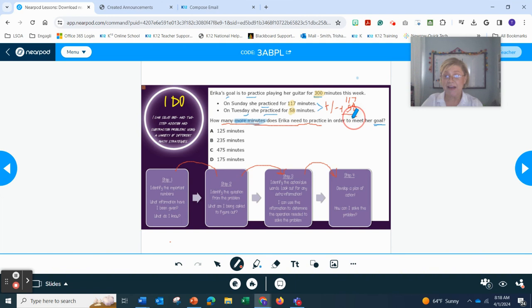So we're going to put the 5 in the ones column. Carry our 1 over to our tens column. 1 plus 1 equals 2. 2 plus 5 equals 7.